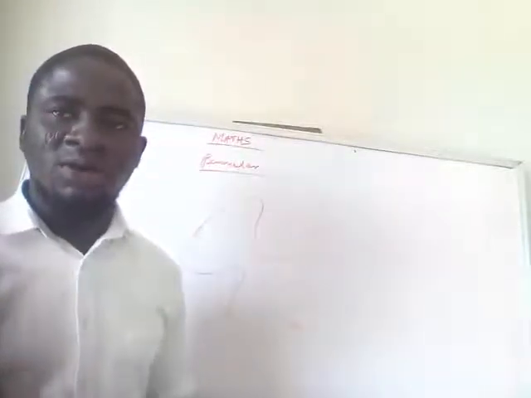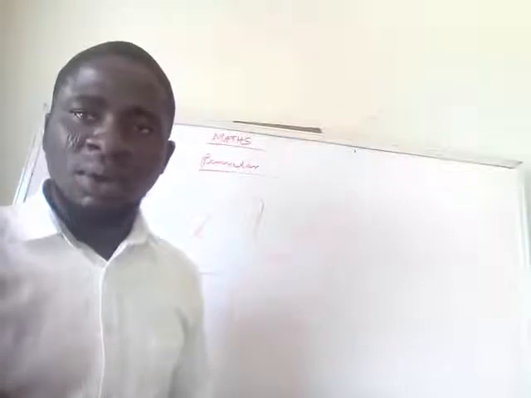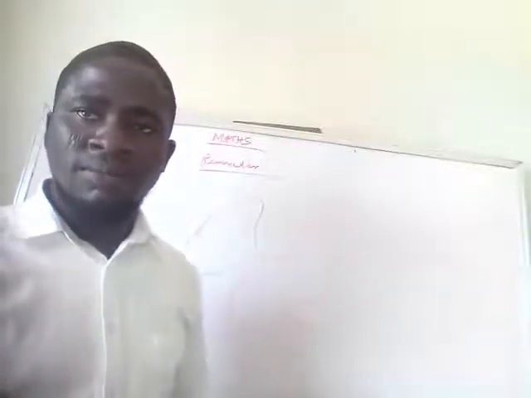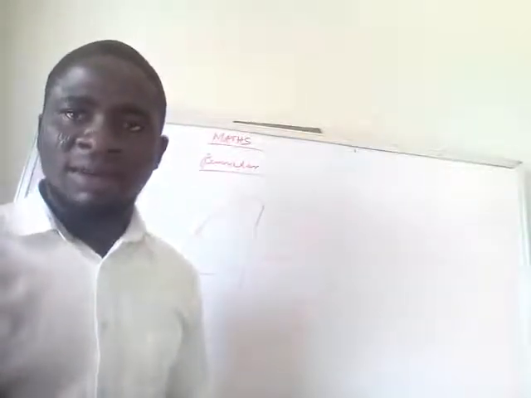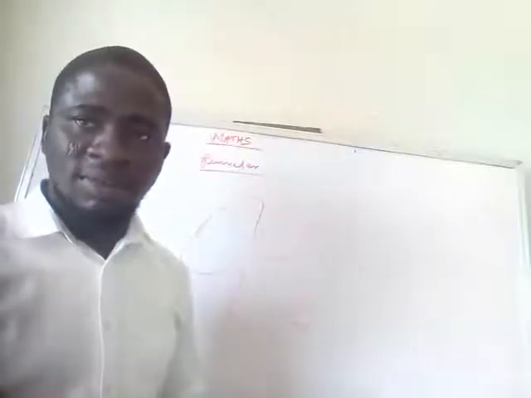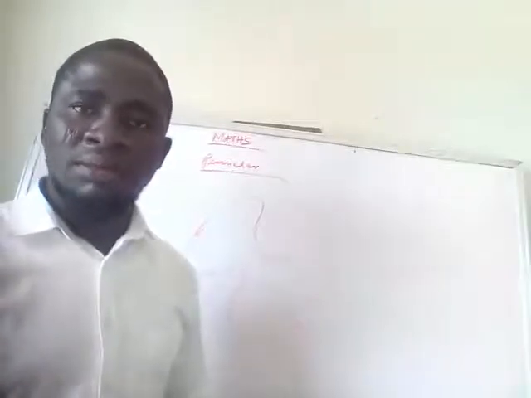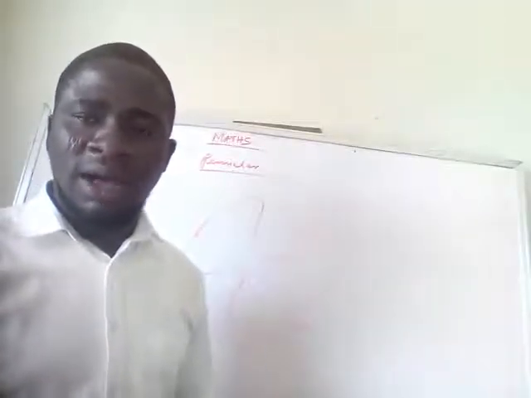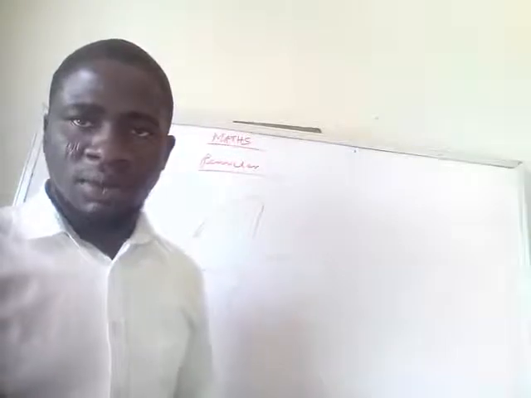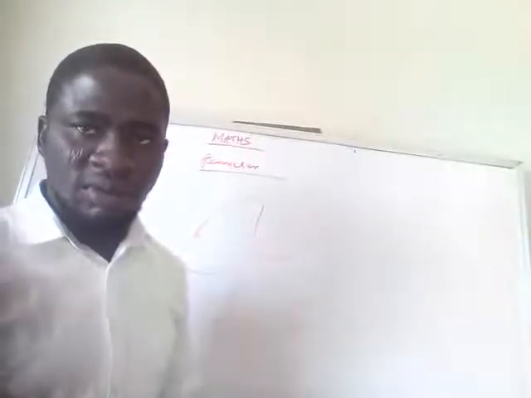When you talk about a rectangle, the shape of your textbook, the shape of your desk, the shape of your class, the shape of your board, the board we are using, and many others, they all have a definite shape. So they are what we refer to as regular shapes.